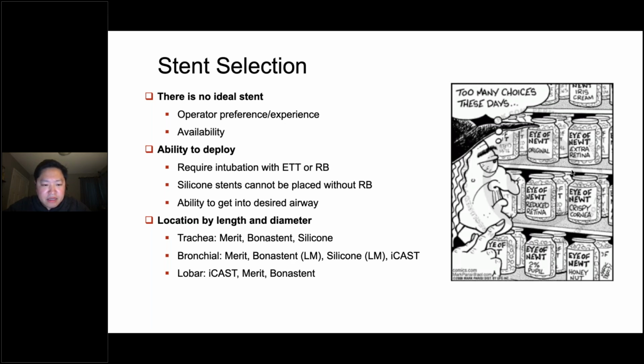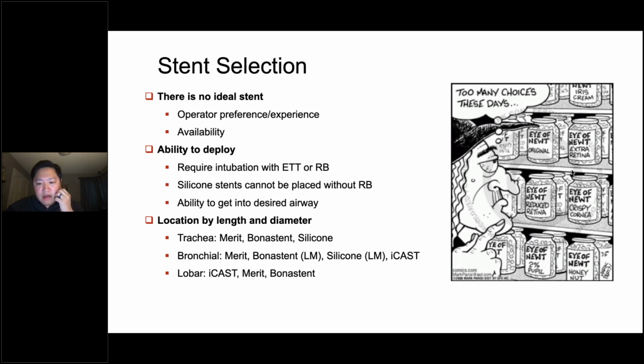The reason I put left main in the Bonastent and silicone is because the Bonastents have a 60 millimeter length and a 50 millimeter length, and those are really good for left main because they're a little bit longer. Merit doesn't have a 50 millimeter length; it just goes 40 and 60, regardless of the diameter. So that's something you might think about when choosing the type of stent.